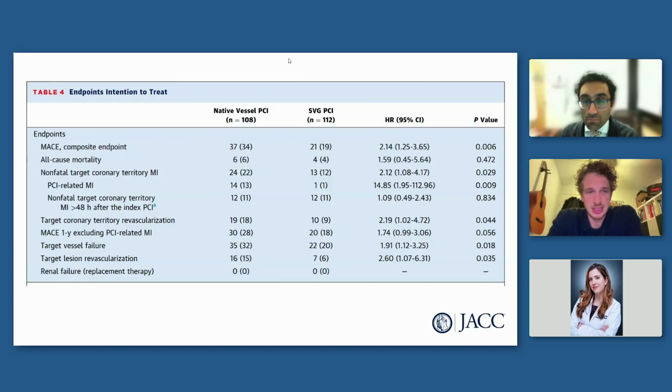Yeah, sure. Indeed, it is debatable, so to say. I want to note that we used very high cutoffs to define PCI-related MI. So it's the SCAI definition, meaning that the troponin levels have to be more than 70 times elevated as compared to pre-procedural, or the CK-MB levels had to be more than 10 times higher than pre-procedural.